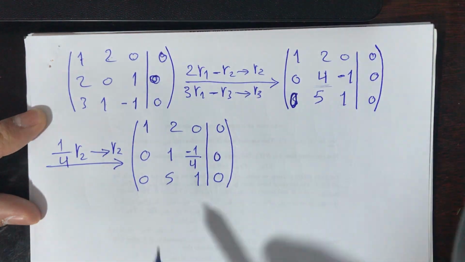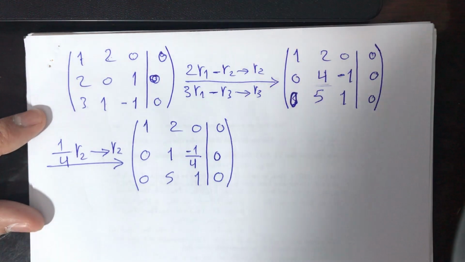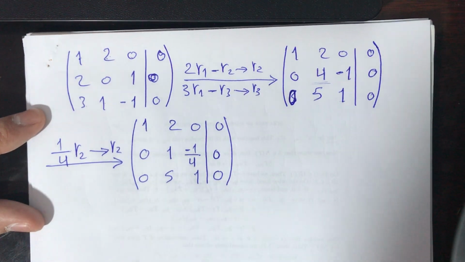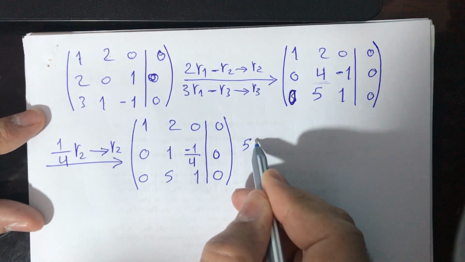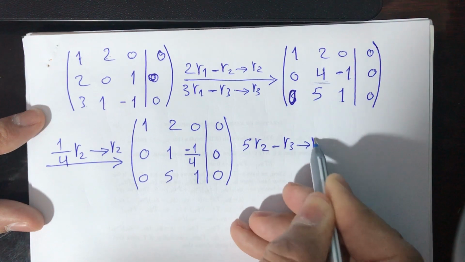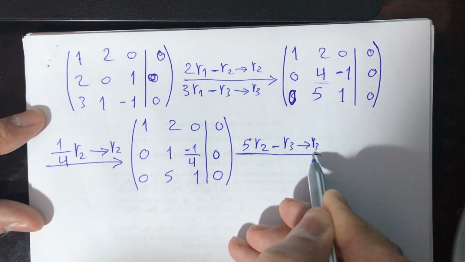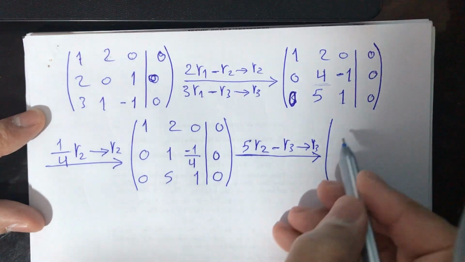Now we try to make this also 0. We try to make this 0, 5 r2 minus r3, write in r3. We get what we get, right, just in r3 here.